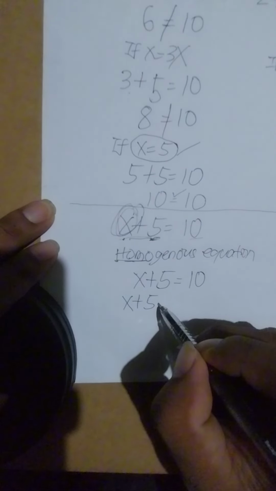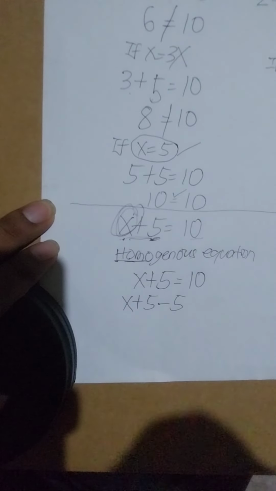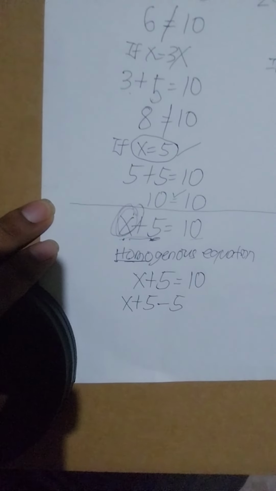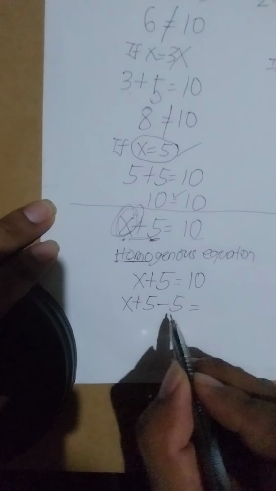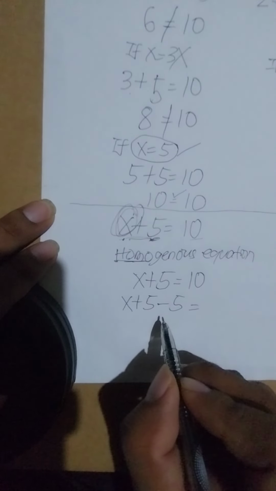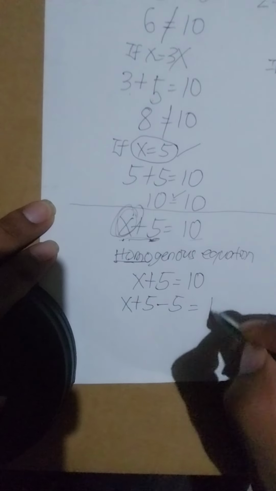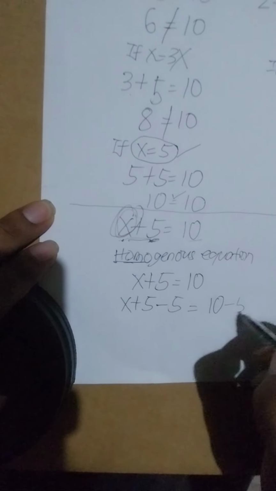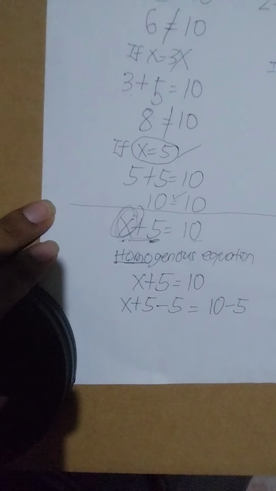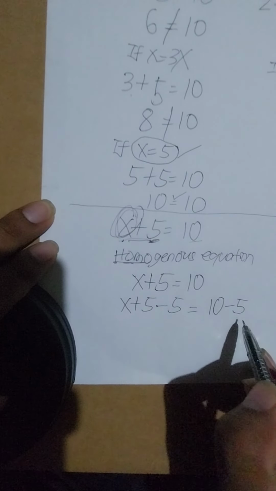X plus 5 minus 5, kung ano yung operation na gagawin mo sa kabila, yun din ang gagawin mo sa kabila para maging balance, equals 10 minus 5. So dito sa left side, minus 5 tayo, dito naman, minus 5 din tayo. Hindi pwede dito ka lang na minus 5 tapos dito hindi.